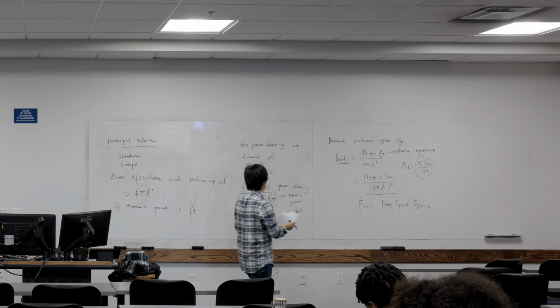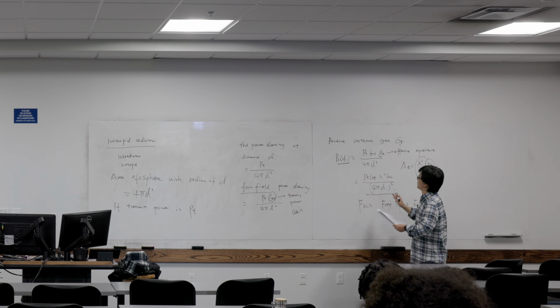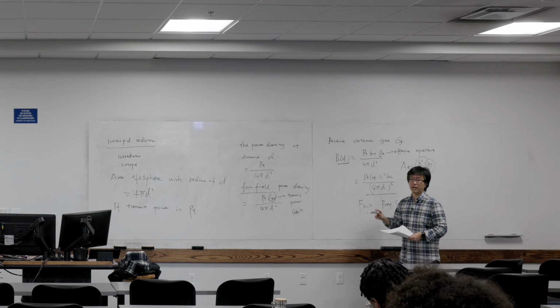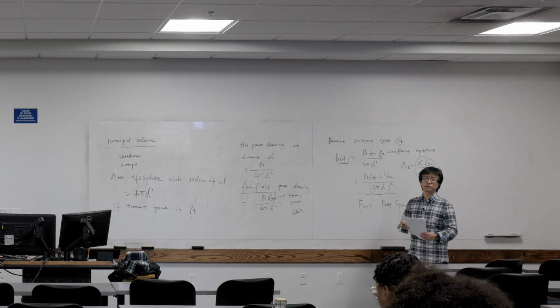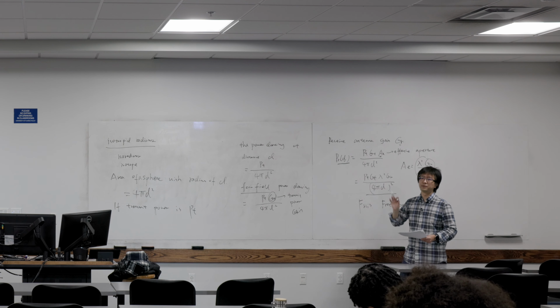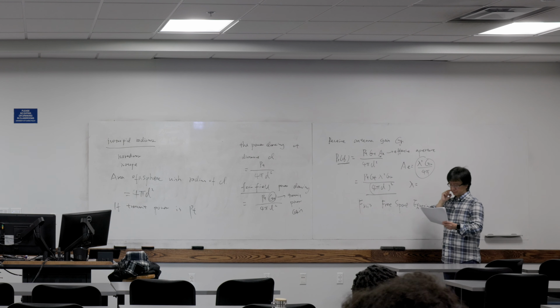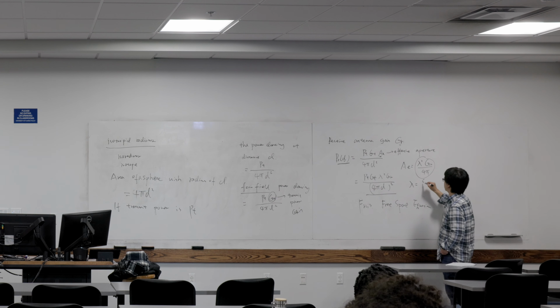Now let's see the second question. What is the relationship between the received power and the frequency? Can you figure it out? You remember the important formula that we introduced in the beginning of our class, right? So what is lambda? C over F. Very good.